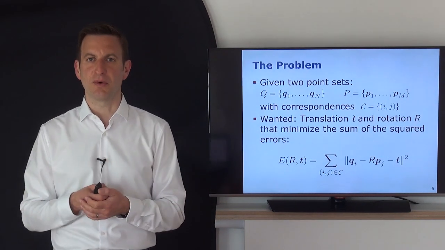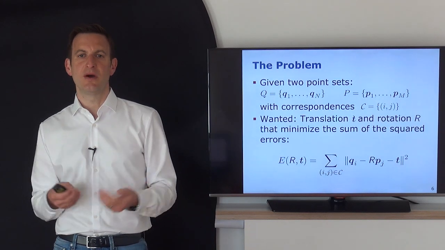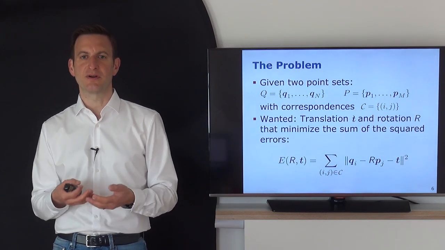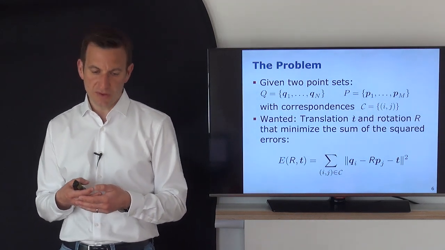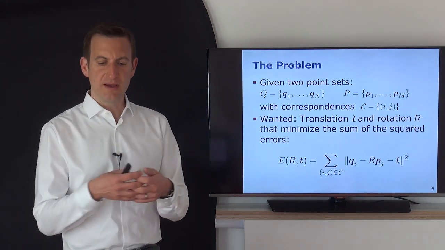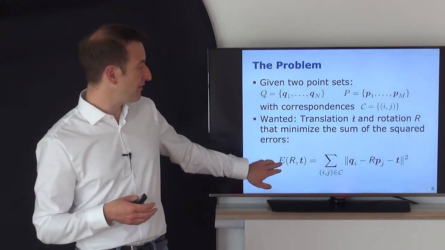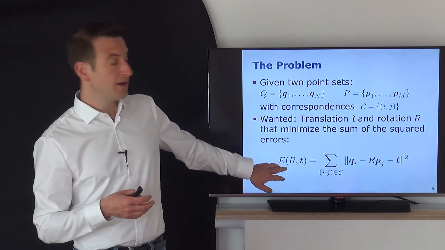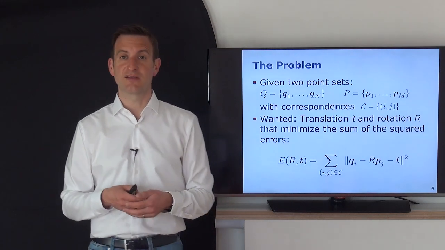And this is this correspondence information, something we also refer to as data association, which is a very crucial part to have. What we then want to do is find a transformation that transforms one point cloud into another point cloud. Here in this equation, you can see we have an error function that we want to minimize. This error function depends on a rotation matrix R and a translation vector t.